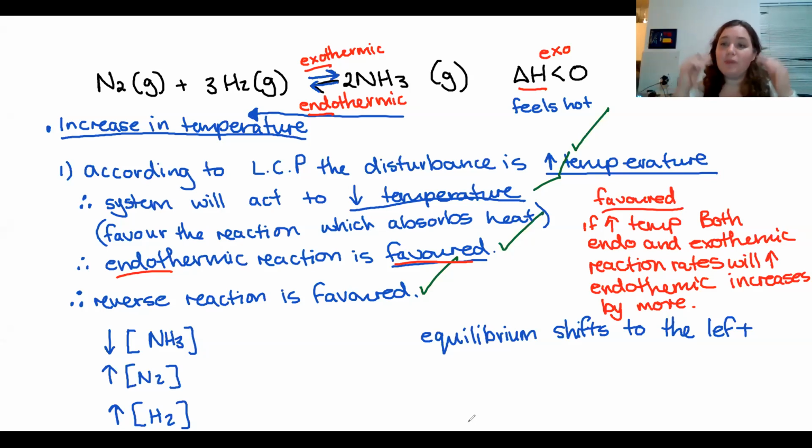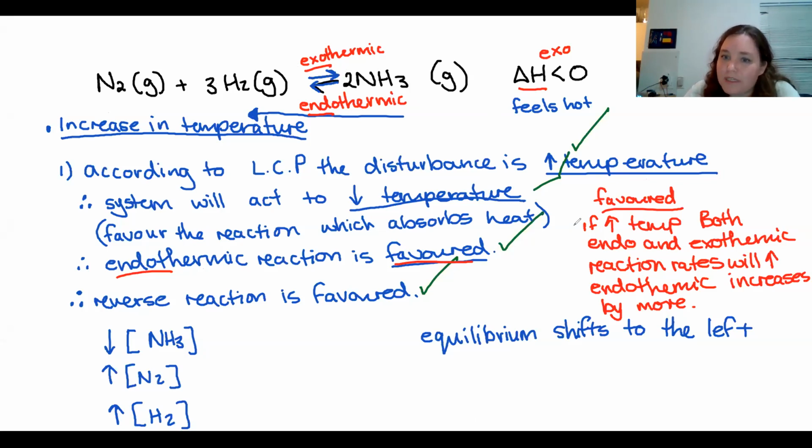The reaction which makes the temperature go down is the endothermic reaction, which is why the reverse reaction is favored. As a knock-on effect, when the reverse reaction is favored, the concentration of nitrogen becomes less, the concentration of ammonia and hydrogen become more, okay? The key word was favored, that the endothermic reaction is favored, as in favored over the exothermic.